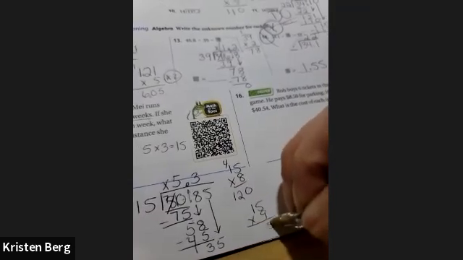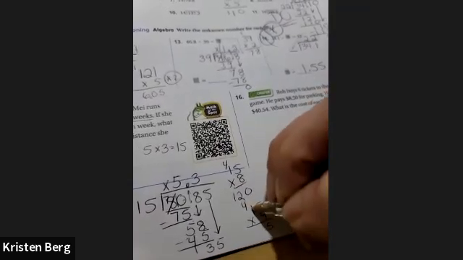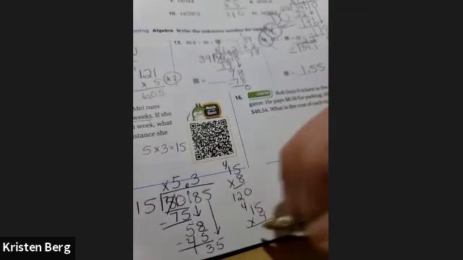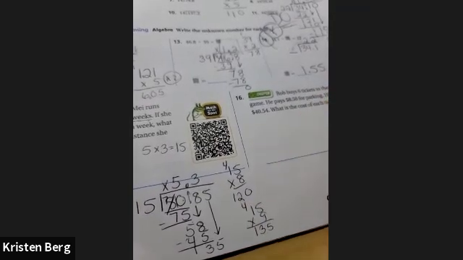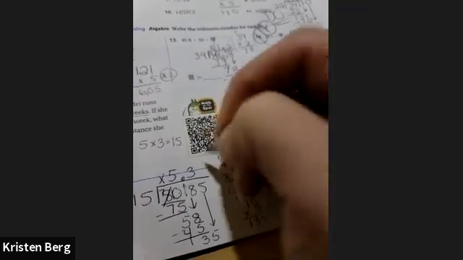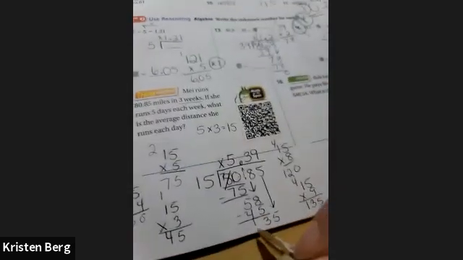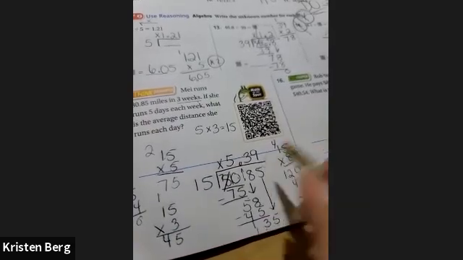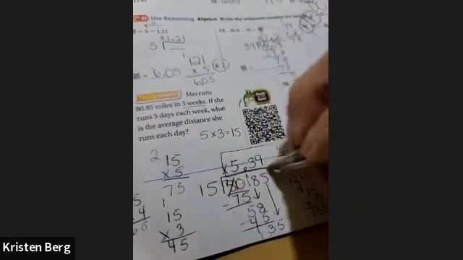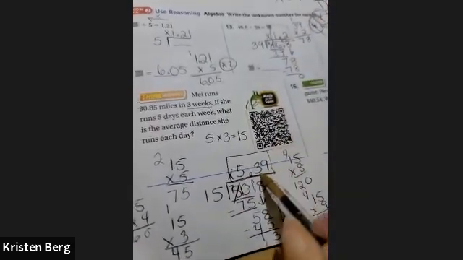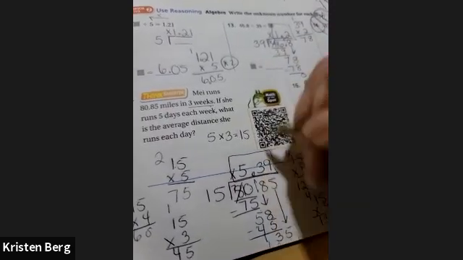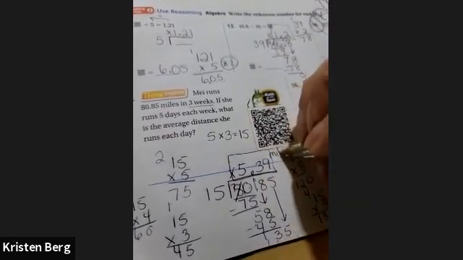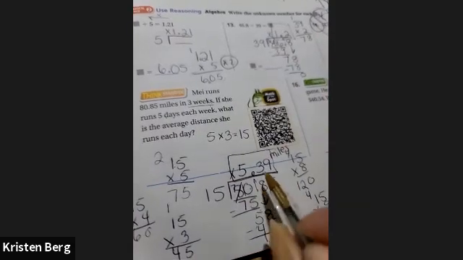This would be 45, carry your 4. 9 times 1 is 9, plus 4 is 13. So that is exactly what I wanted. So therefore, that would be nothing remaining, which is exactly what I want when it comes to after the decimal point. So therefore, she goes 5 and 39 hundredths miles per day.